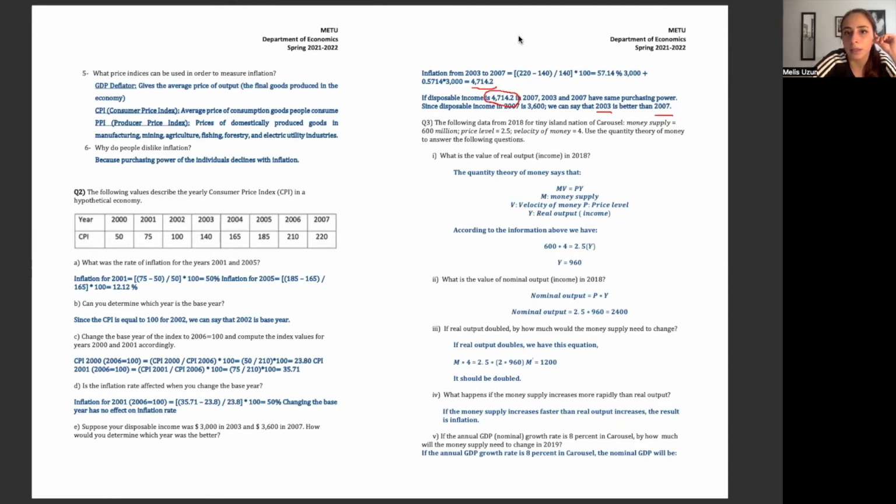So let's look at question 3. It gives us the information from 2080 for a tiny island nation of Carousel, and the money supply of this nation is equal to 600 million and price level is 2.5, velocity of money is 4, and it says use the quantity theory of money to answer the following questions.